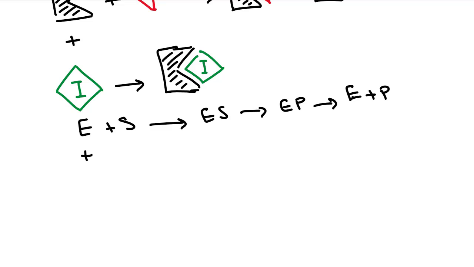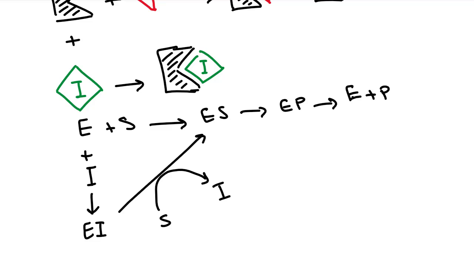Enzyme plus inhibitor gives me enzyme inhibitor. Now, if the concentration of substrate is increased, what will happen is the inhibitor can be kicked out by the substrate. And you can go directly from enzyme inhibitor to enzyme substrate and then get your product.